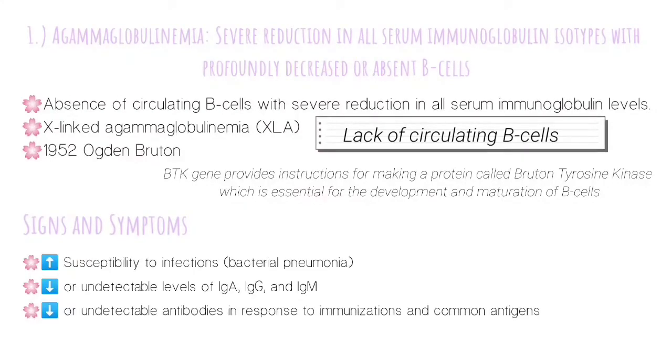This means that there is an increased susceptibility to infection, especially bacterial infections such as bacterial pneumonia. There are also undetected or decreased levels of IgA, IgG, and IgM, and decreased or undetectable antibodies in response to immunizations and common antigens.